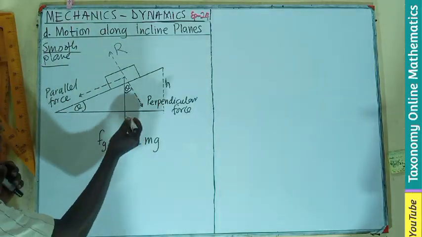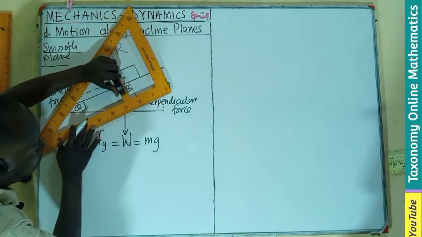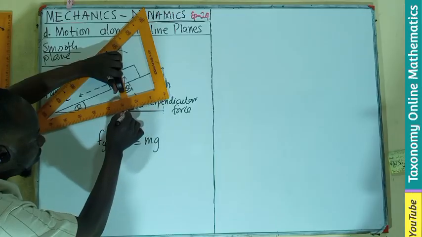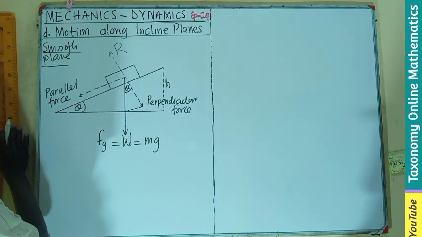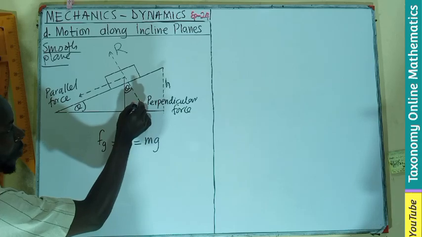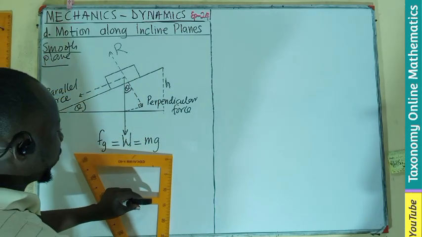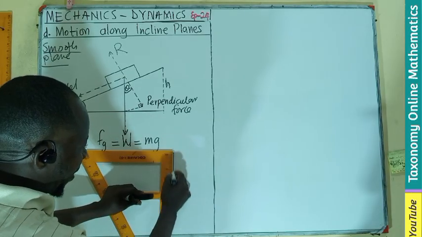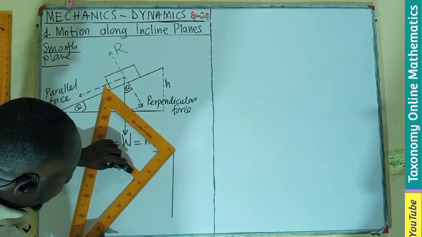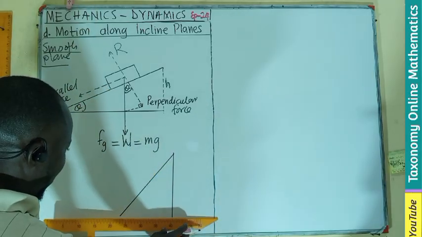Now, if I draw another line parallel to the parallel one we are having there, this will give us a right-angle triangle, where here will be 90 degrees. Let me pick that out and redraw it this way.